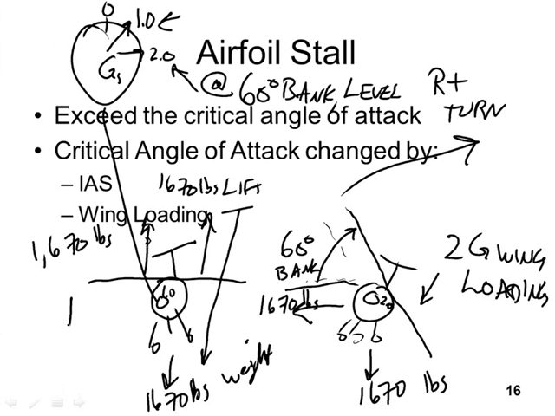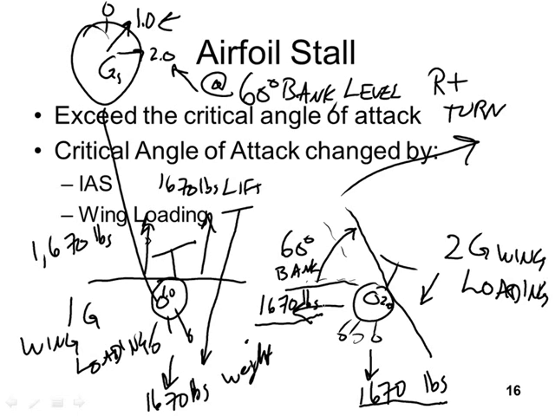Over in this one over here, this is a 1G wing loading. So if we're over here on the right and we're in a turn, the wings don't just have to create 1,670 pounds of lift against gravity, it also has to create 1,670 pounds of lift against centrifugal force.